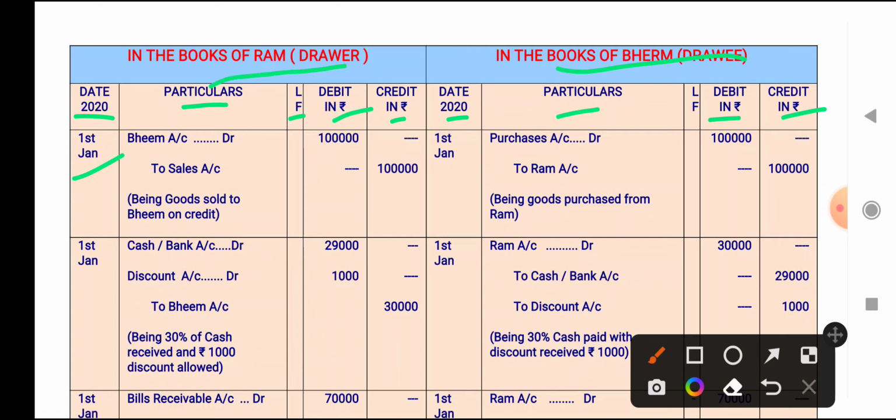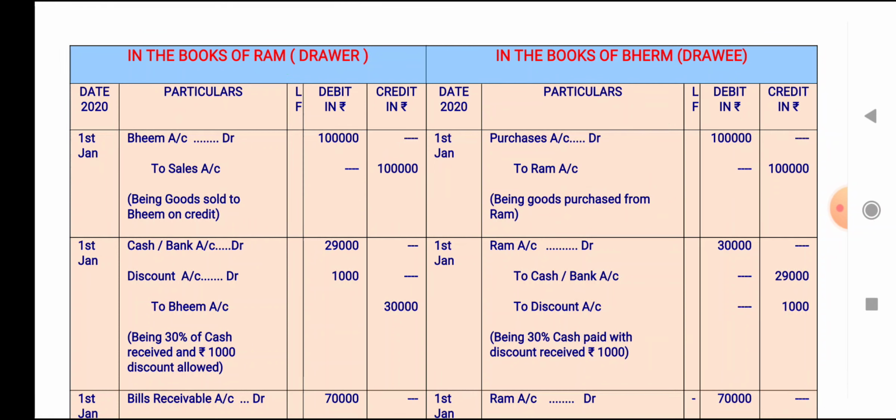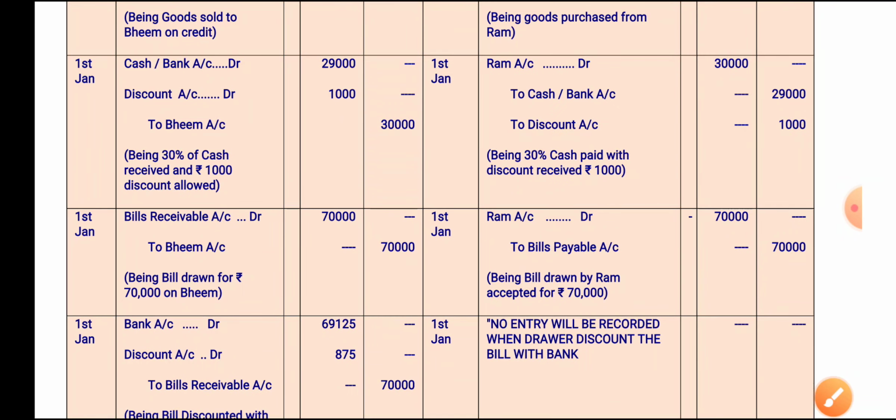So 1st January, Beam account debit to sales account 1 lakh, being goods sold to Beam on credit. Same for Beam, it is purchase. So in the books of Beam, what you will write: purchases account to Ram account, being goods purchased from Ram, 1 lakh. Right? Till here there is no doubt, I think.